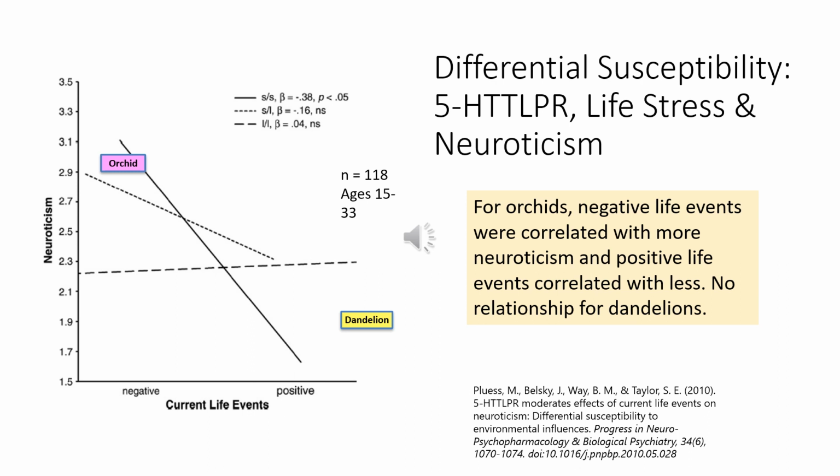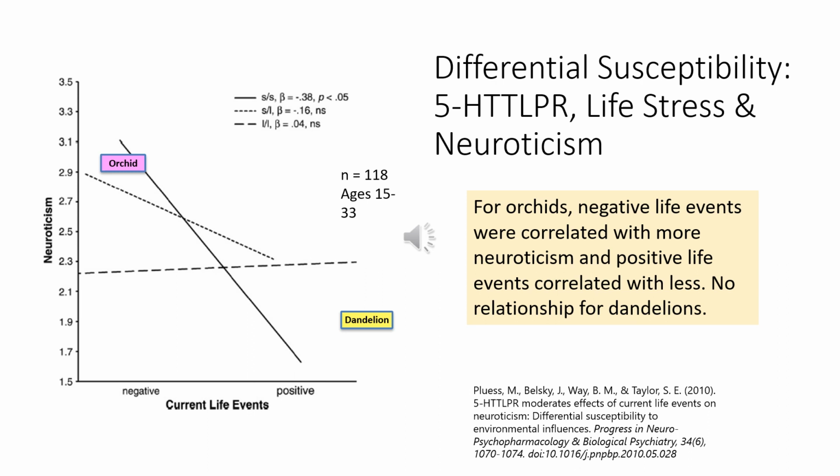This study was done on a college campus with both staff and students, and it studied which version of the gene you had, what current life stress you'd had in the last 6 months, and how that was related to your level of neuroticism. Neuroticism is basically anxiety and negative emotionality.